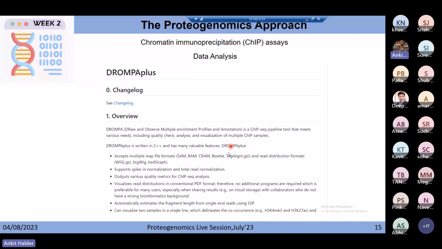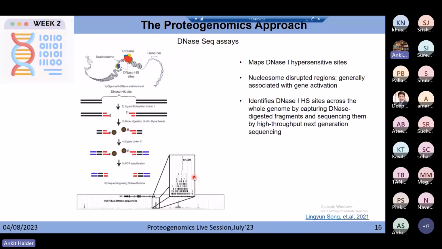Here you can find out which map file formats can be used and how it provides your result. So this was the ChIP-seq analysis for finding one kind of interaction in the field of epigenetics or epigenomics.